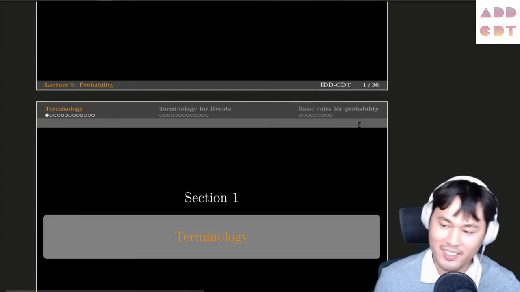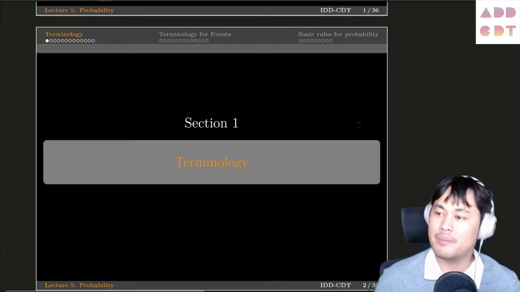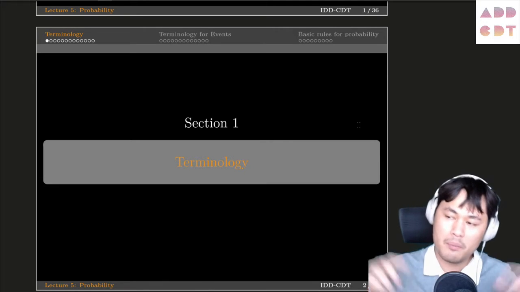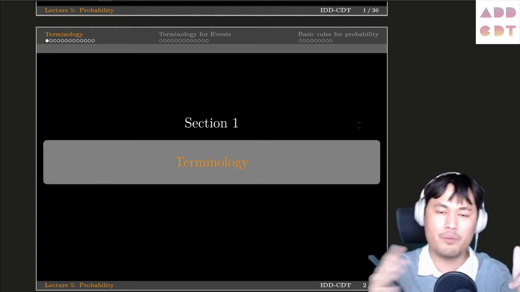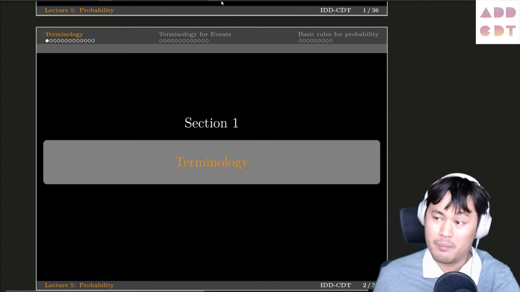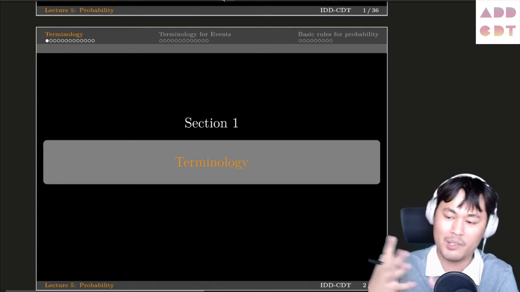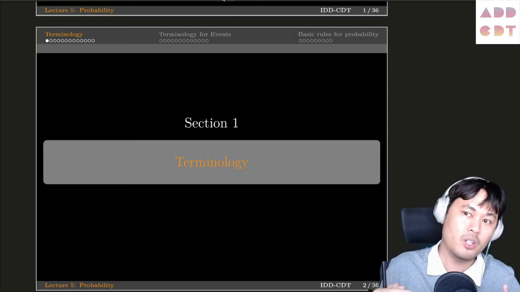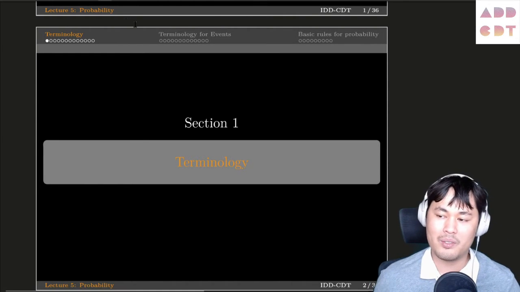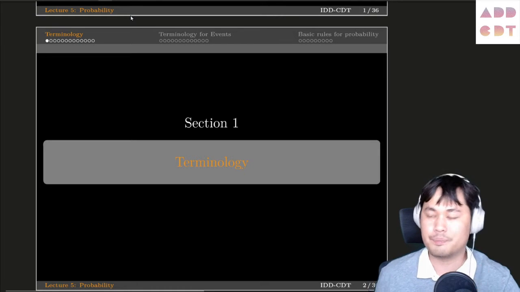Okay, let's start with some terminology, because most of the topics here are going to be confusing when you talk about probability in any area. The problem is that when we talk about how to take samples, how to randomize, how to choose stuff, we usually talk about different things using different words.